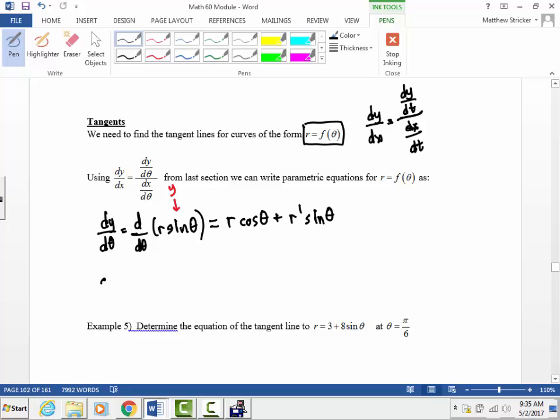And then likewise, if I took dx d theta, I'm taking the derivative with respect to theta, not of r sine, but of r cosine theta. And if we apply the product rule again, this is going to be r times negative sine theta plus r prime times cosine theta.